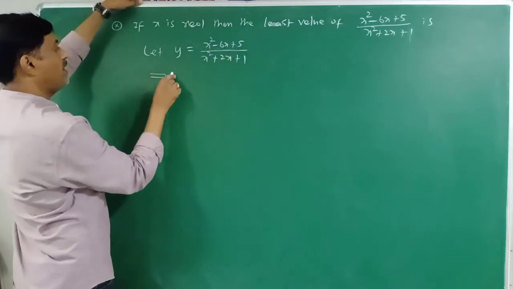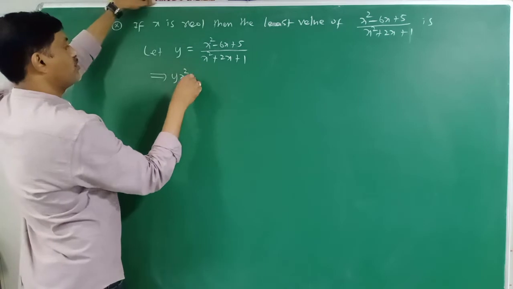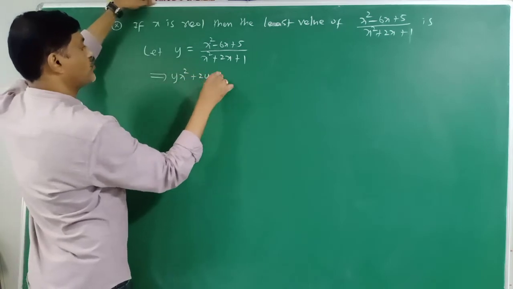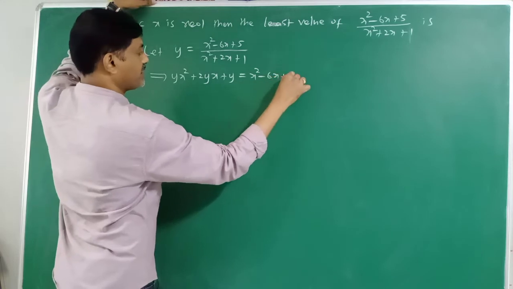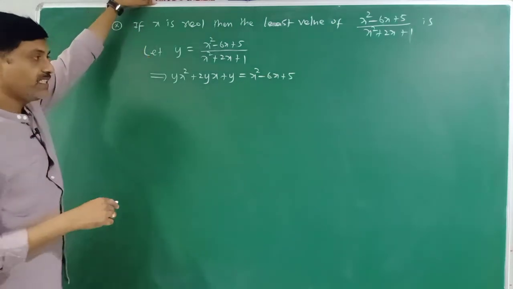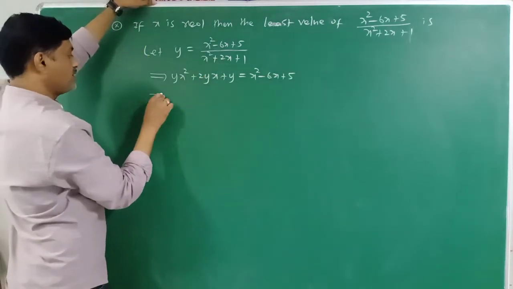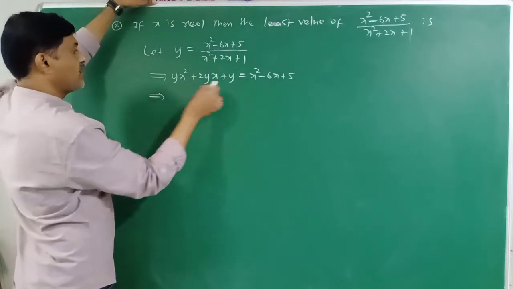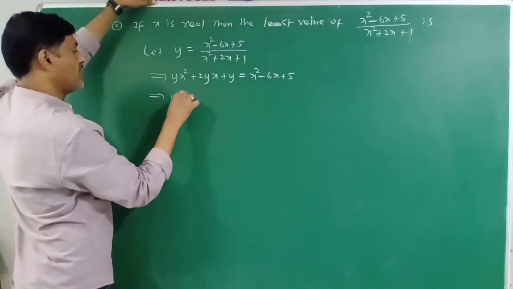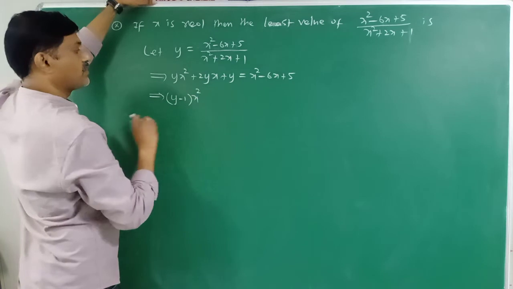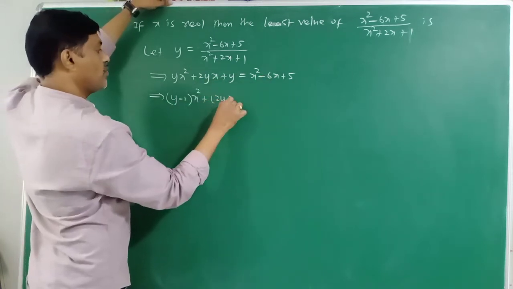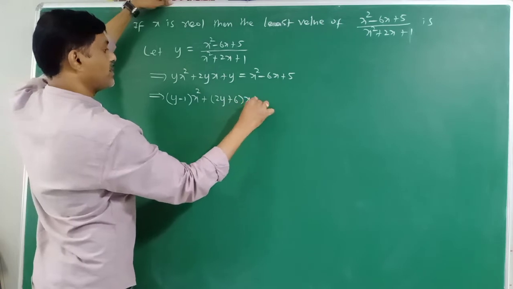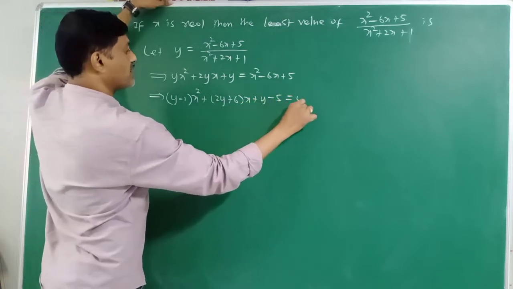Cross multiply, as here yx square plus 2y times x plus y is equal to x square minus 6x plus 5. Now bring all terms into the left hand side. We have yx square minus x square, y minus 1 times x square, 2yx plus 6x means 2y plus 6 of x, plus y minus 5 is equal to 0.